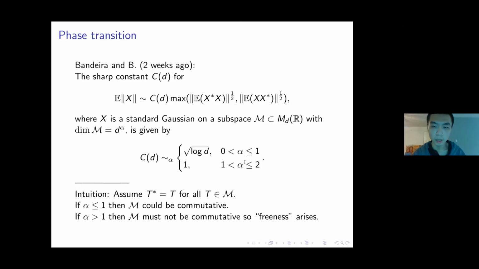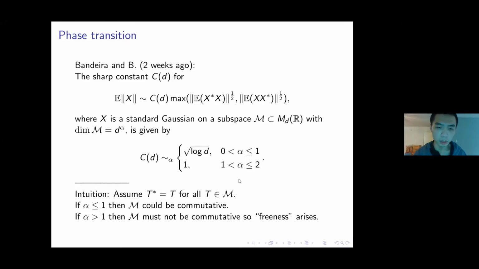But if alpha is bigger than 1, we can completely remove the square root of log d up to a dimension-free constant that depends on alpha. That's if alpha is strictly bigger than 1. So there's some kind of a jump. Before 1, it is necessary to have a square root of log d factor. After 1, we can completely remove it, and then it's a dimension-free estimate.